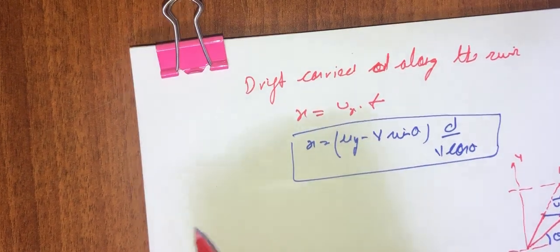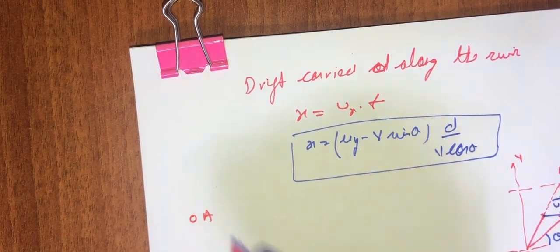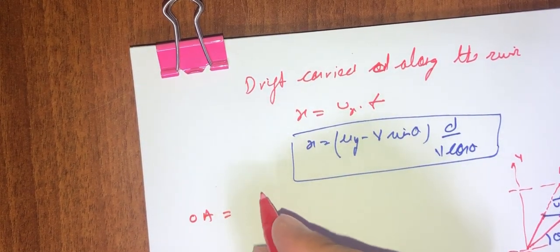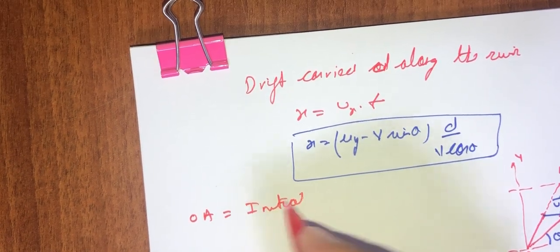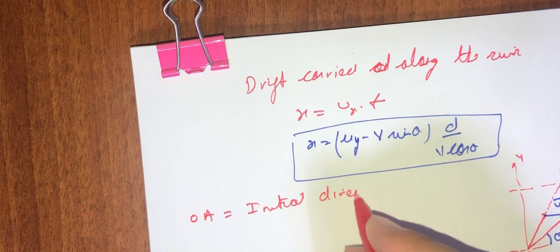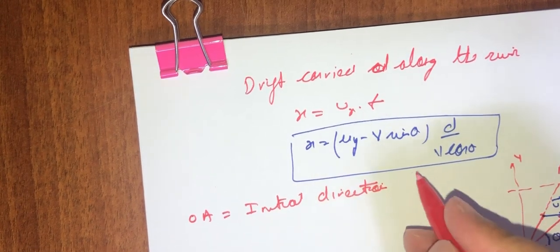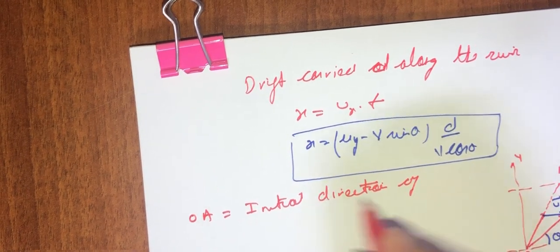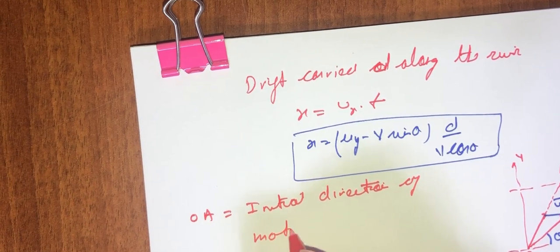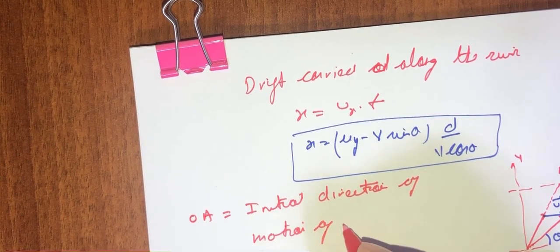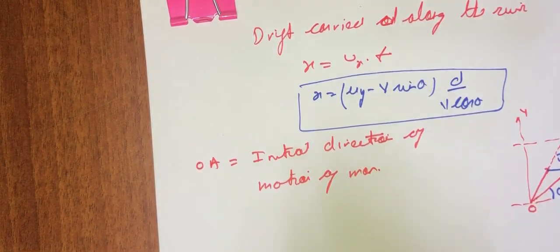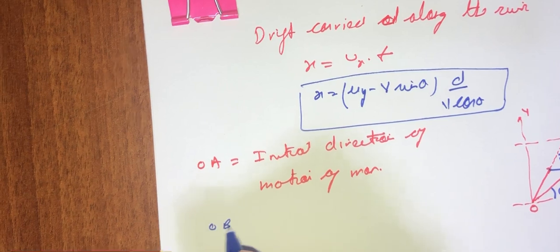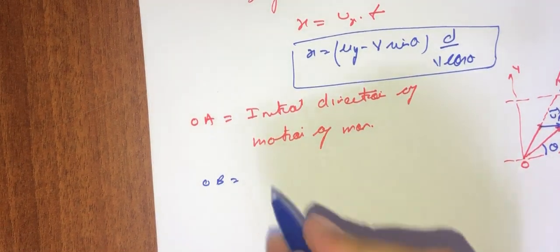So we see that OA, this is point O, OA is the initial direction of motion of man, and OB is the actual direction.